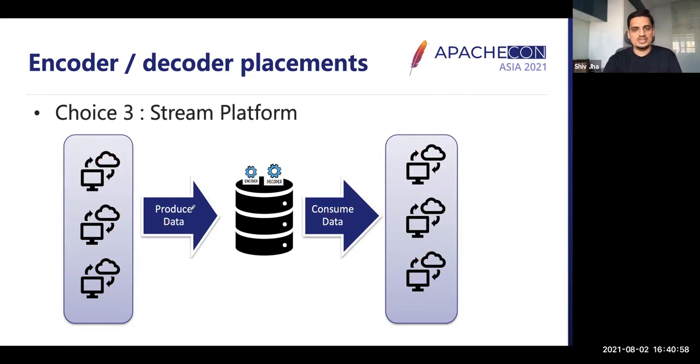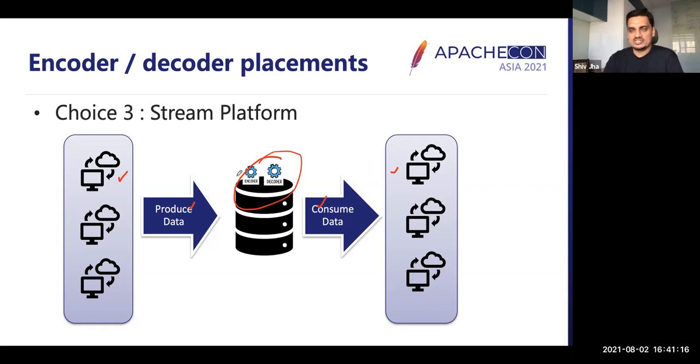And choice number three is that instead of putting encoder here and decoder here, or in the second choice here and here, you actually put it on top of the streaming platform itself.